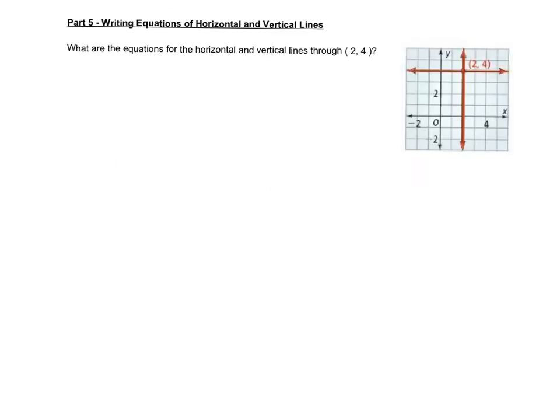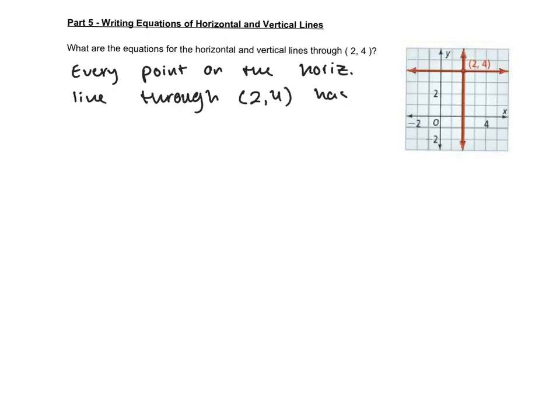And then part 5 says writing equations of horizontal and vertical lines. What are the equations for the horizontal and vertical lines through 2, 4? All right. So every point on the horizontal line through 2, 4 has a y coordinate of 4.